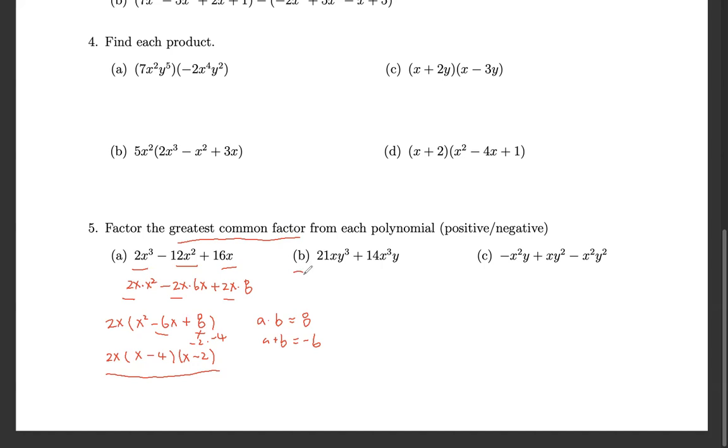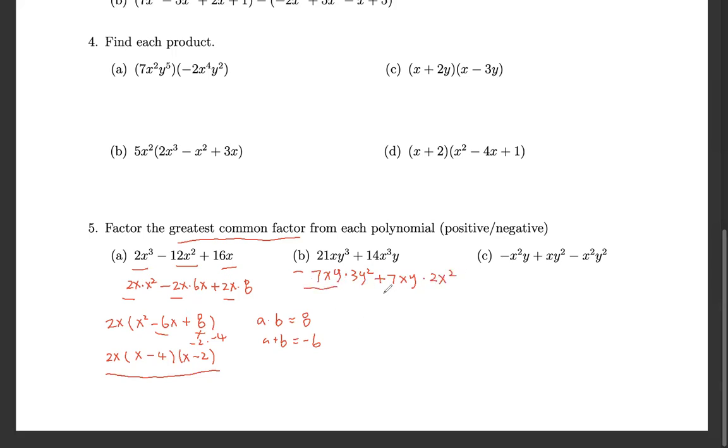Now let's see B. 21, 14, we see 7, right? X in both places, X is here, X is there, Y is here, Y is here. So let's factor out 7xy. Then the first term becomes 3y squared. Then plus the second one, we factor out 7xy, and that becomes multiplied by 2x squared.